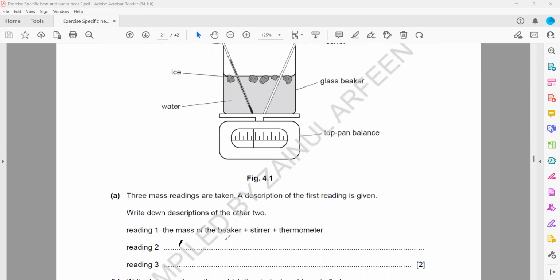So it will be the mass of the beaker plus stirrer plus thermometer plus water. And the next reading is the mass of the beaker, stirrer, thermometer, water, and ice. If you want the mass of the water, subtract reading 1 from reading 2. If you want to find the mass of the ice, subtract reading 2 from reading 3. Or it can be first ice and then water.